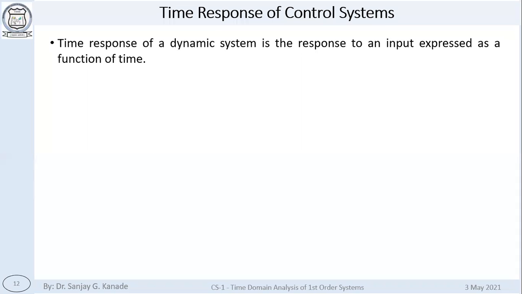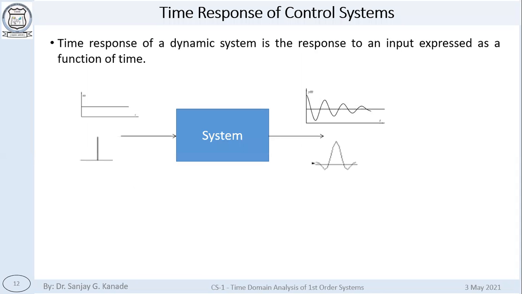When we talk about the time response of a dynamic system, it means the response of that system to an input expressed as a function of time. We plot the response, the output of the system, as a function of time when we give a certain type of input to it.